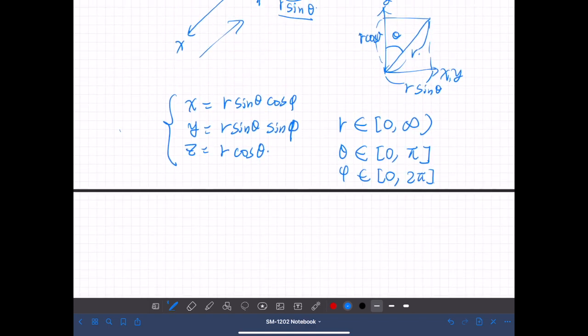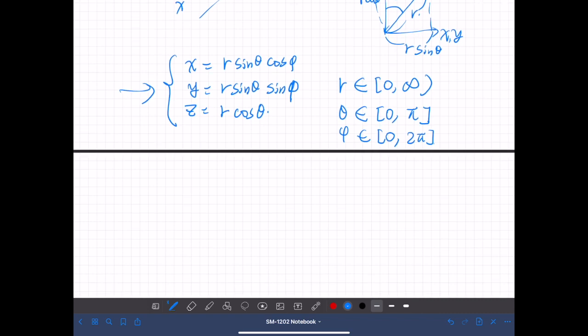And from this set of equations, we can calculate the Jacobian. So that is the partial derivative of x with respect to r, theta, and phi, the partial derivatives of y with respect to r, theta, and phi, and the partial derivatives of z with respect to r, theta, and phi.